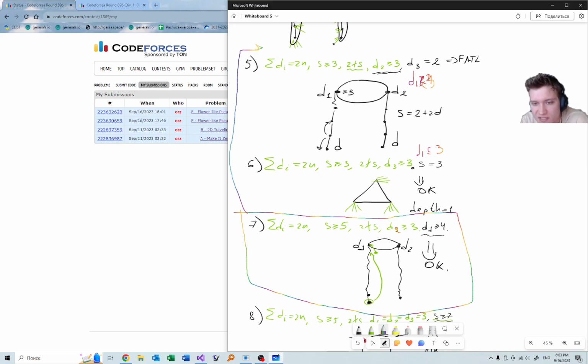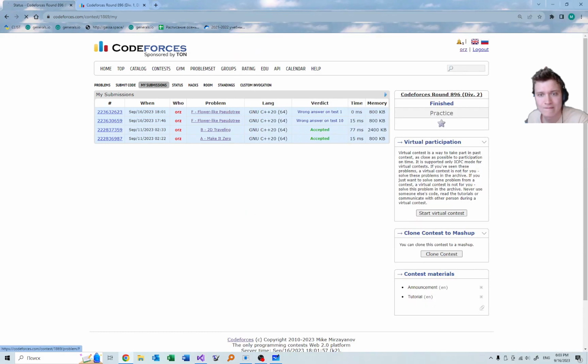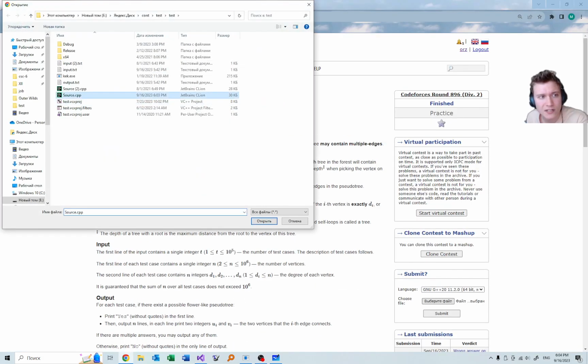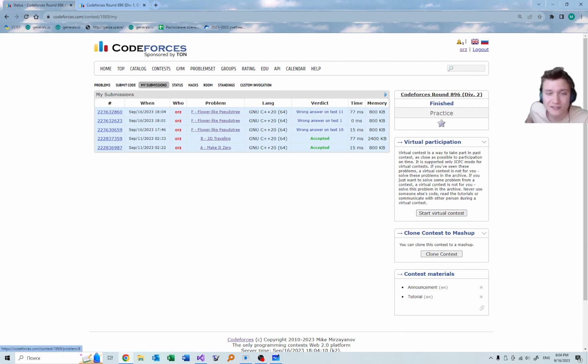So we need to check that S is at least 5. So maybe we can just write S equals 3 here. Sorry guys, I messed it up. Now wrong answer, test 11.